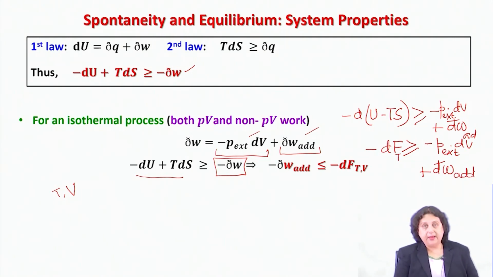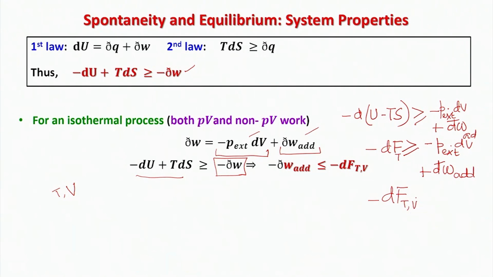Now, if I have a constant volume condition, in that case, I will be writing minus dF at constant T and V. Under such condition, I understand that this particular term will go to 0, and therefore, I will have the condition that minus dF at constant T and V is greater than or equal to dW additional, which has been written here by just taking the right hand side to the left hand side.